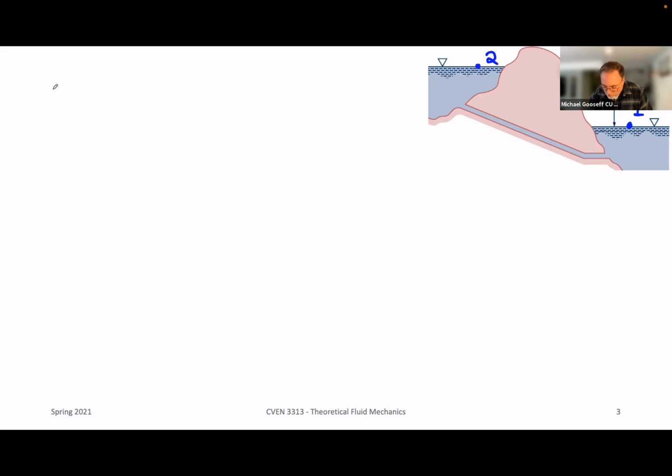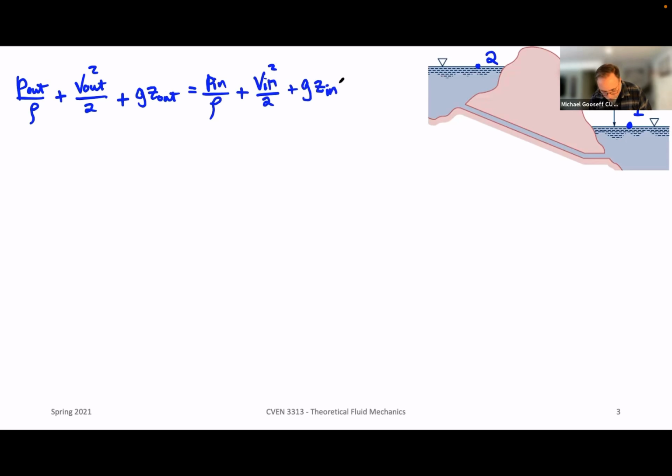All right. Our notes tell us we have P out over rho plus V out squared over 2 plus g times z out is equal to P in over rho plus V in squared over 2 plus g z in plus some lowercase w shaft in, minus any losses.